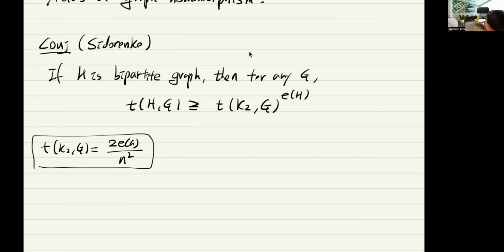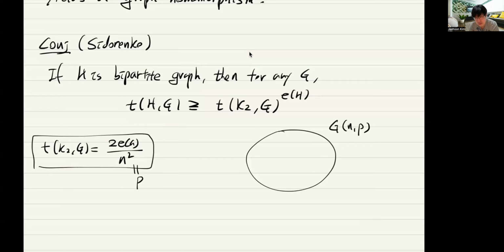Then, when we take this as p, and you consider the random graph G(n,p), then you can compute the expected number of edges here.